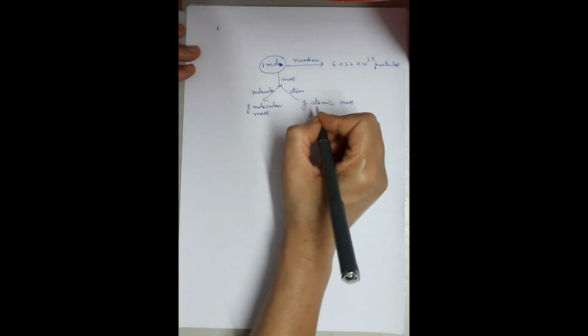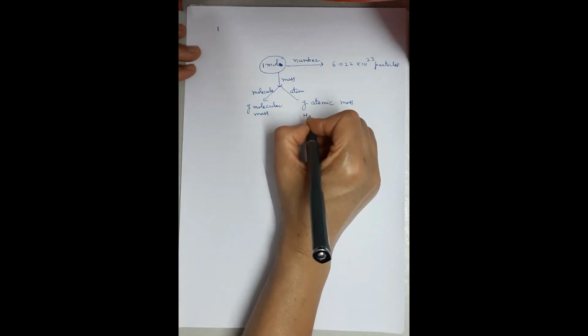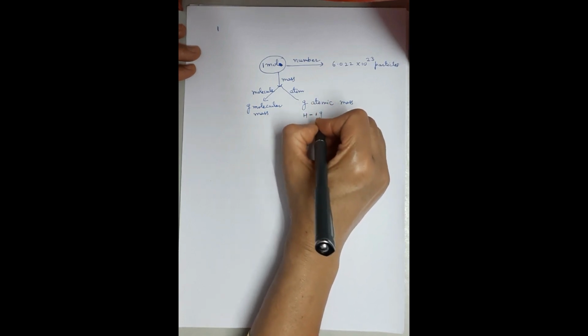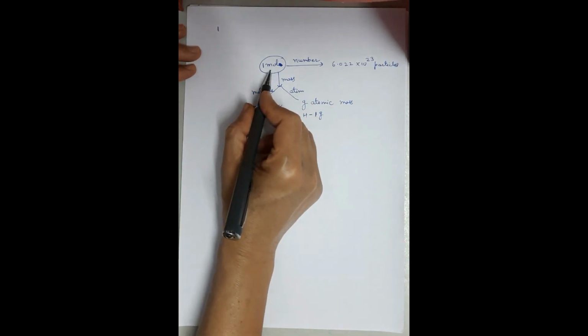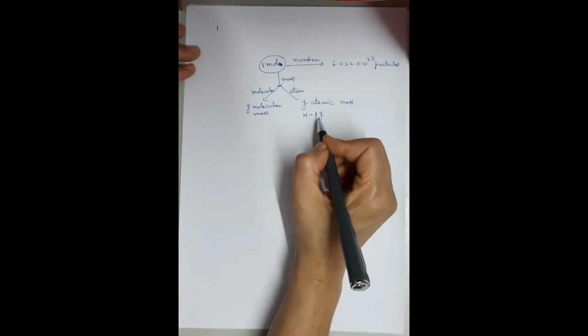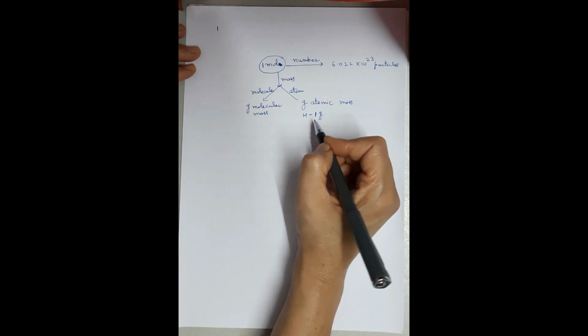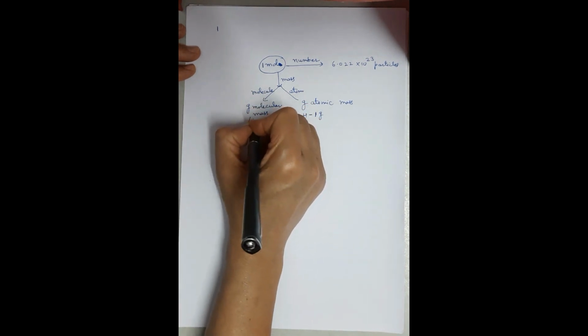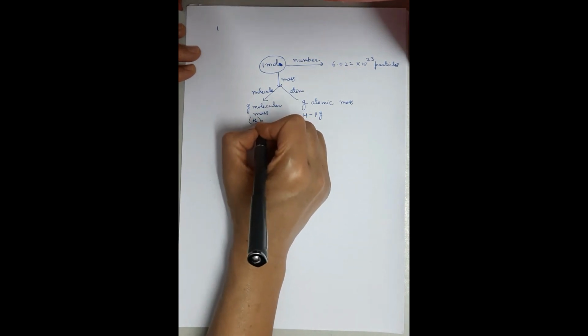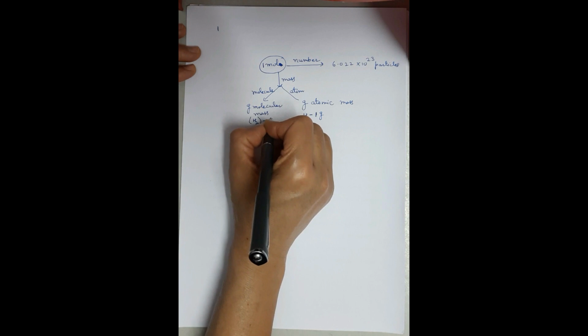If I say in terms of hydrogen, what is the mass of hydrogen? It is 1 gram. So 1 mole of hydrogen atoms, which contain these many particles, will be equal to 1 gram of hydrogen atoms. But if I am talking about a molecule, means H2, then its mass is 2 gram.